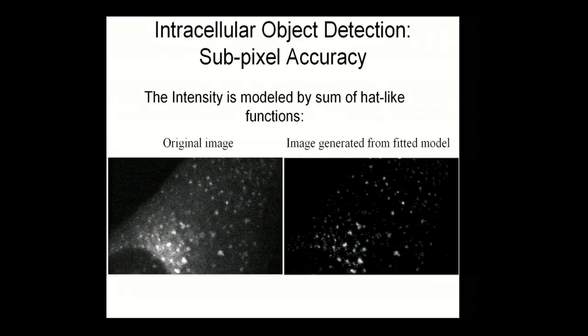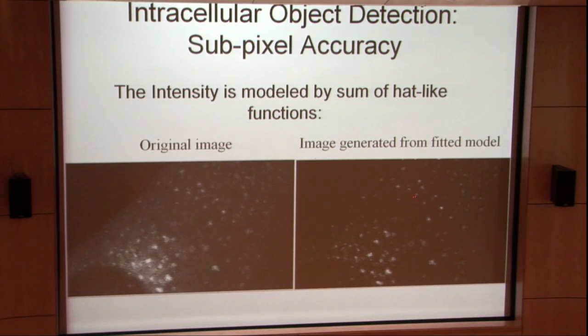So what do you have at the end? On the left, you see the original image. On the right, you see the image which I generated by visualizing the intensity of my function, what I found. What is good here, first of all, is sub-pixel resolution, so I am not limited by pixels.